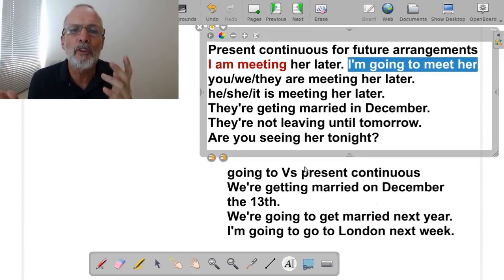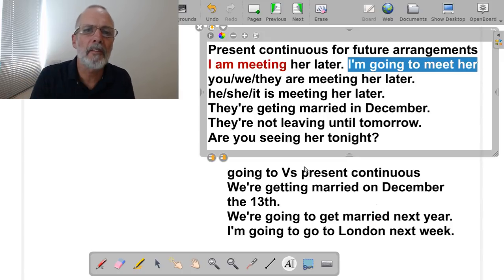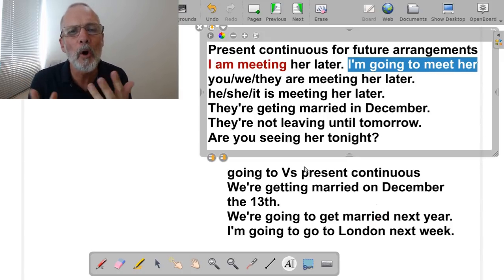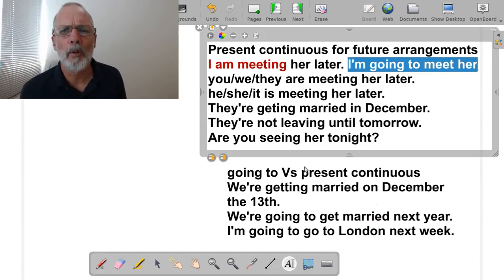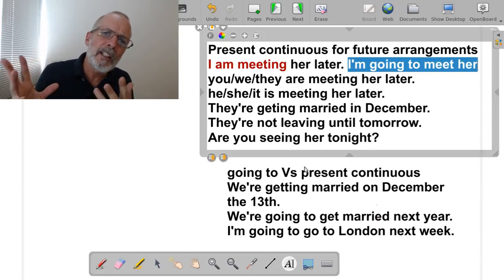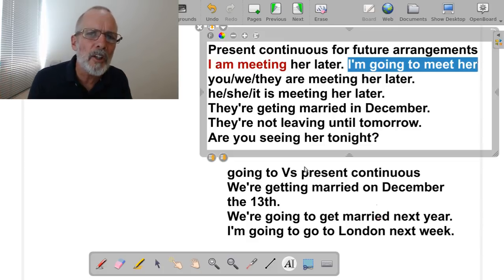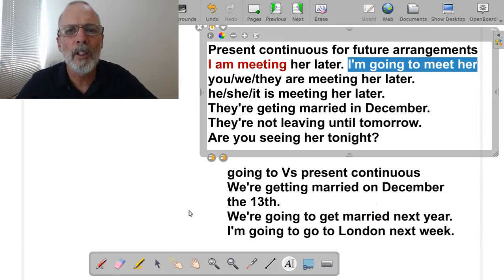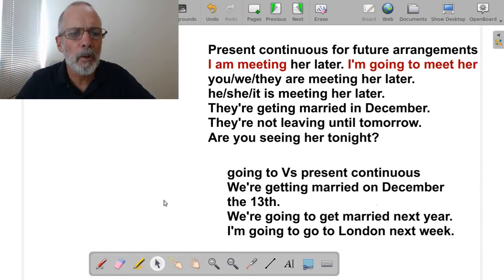I mean, there are some situations where you would have to use the present continuous. We're more likely to use the present continuous for arrangements, for meeting people, for seeing people, with things with other people. These two structures could be interchangeable in a lot of situations. But this one is more common for arrangements and going to more common for plans.